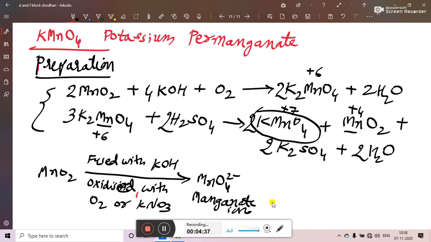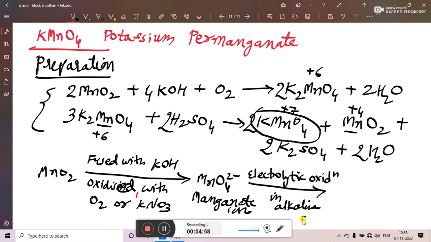And in the second step, manganate ion undergoes electrolytic oxidation in alkaline solution to produce MnO4 minus, that is permanganate ion. So in this way, in industries, we can obtain permanganate ion in two steps.